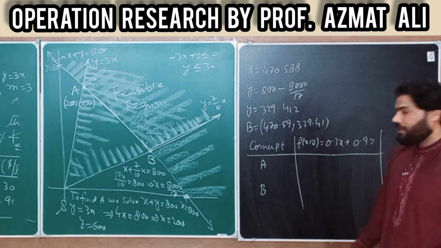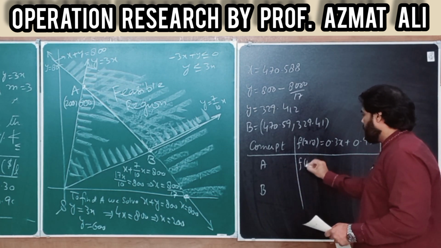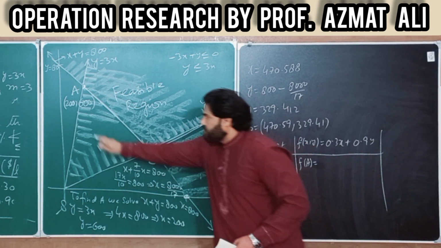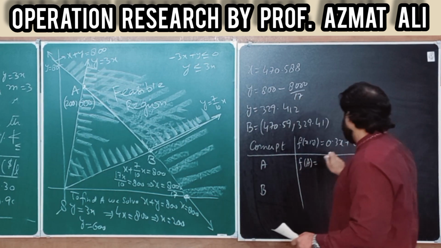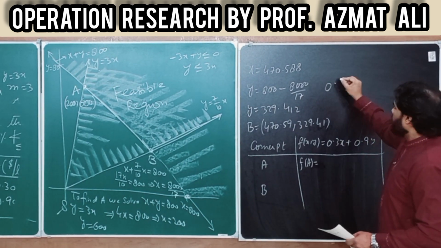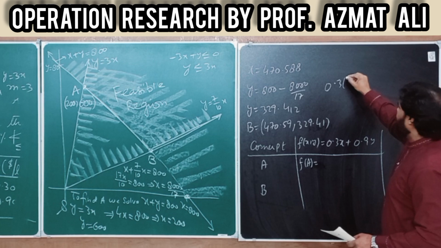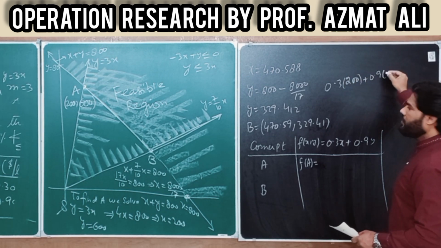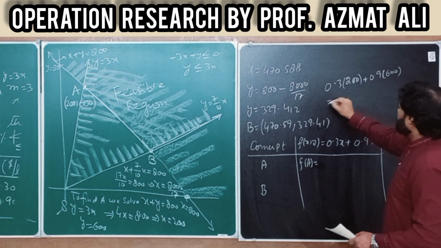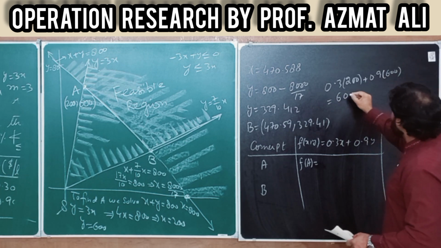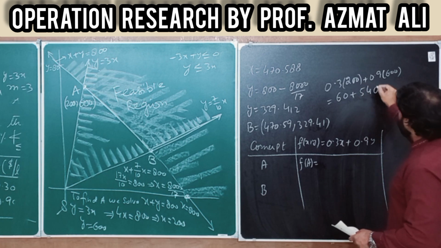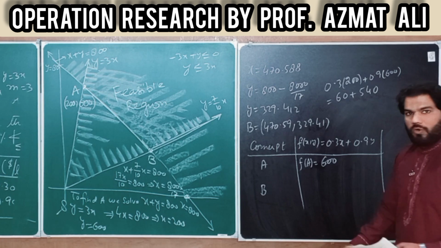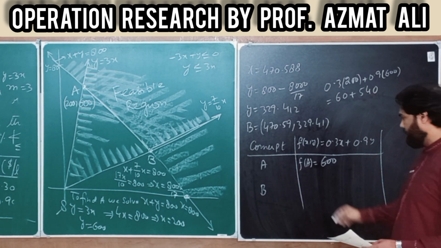By putting x equal to 200 and y equal to 600 for A, this becomes 0.3 into 200 which is 60, plus 0.9 into 600 which is 540, and this gives us 600 dollars cost.